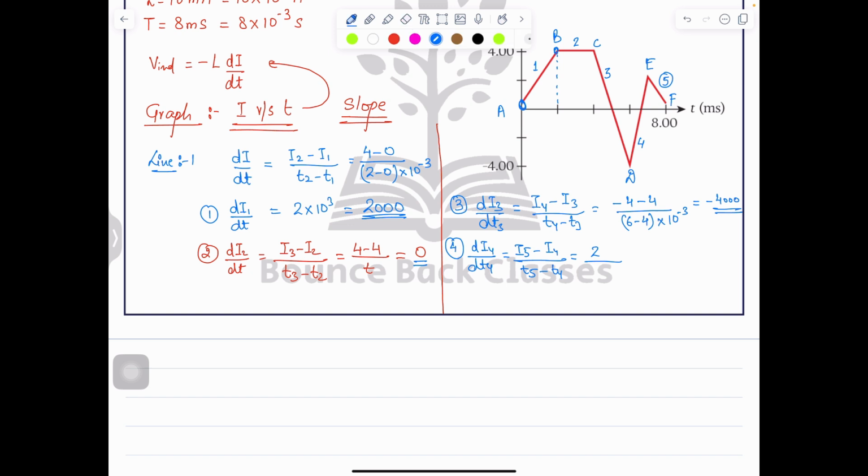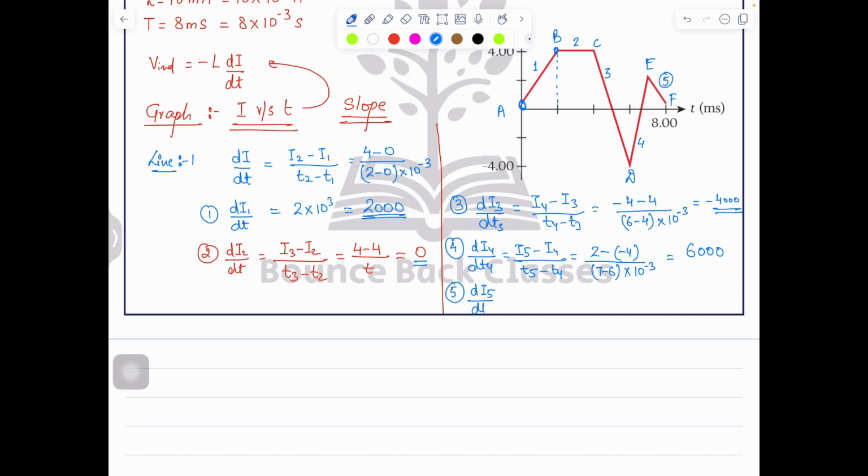First understand, 2 minus, and what is the value? Negative 4 divided by, the time values are 7 minus 6 multiplied by 10 raised to power negative 3. Solve this. So what is the answer? 6000. Okay. Fifth point, so that I can use all these values.